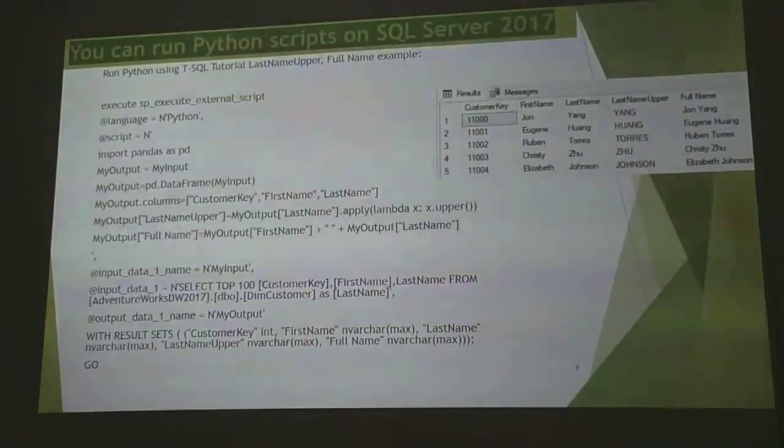It's an example of a Python script running on SQL Server 2017. It's very simple because it's my code. I managed to create a full name calculated column, and the last name in uppercase, named last name. You can read about this in the Microsoft documentation.